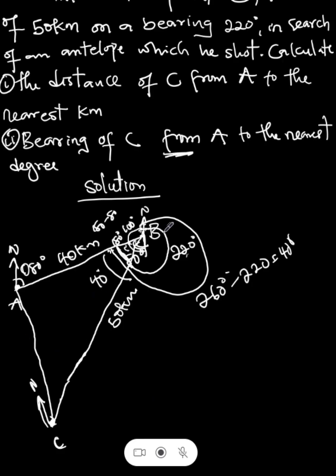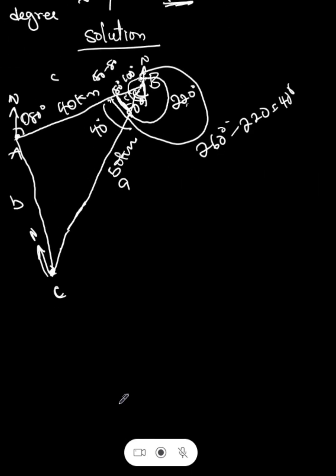If this is angle B, then this is side B. If this is angle A, then this is side A. If this is angle C, then this is side C. So we want to find side B now.